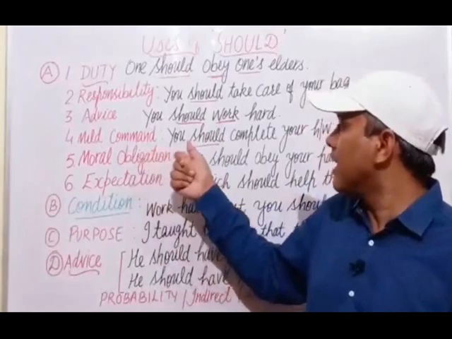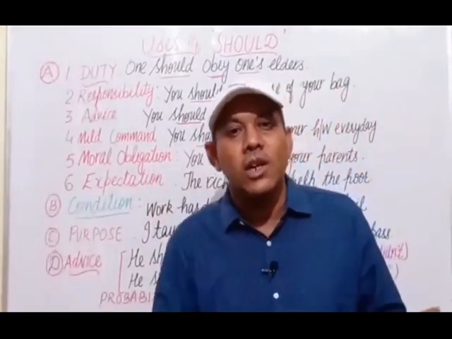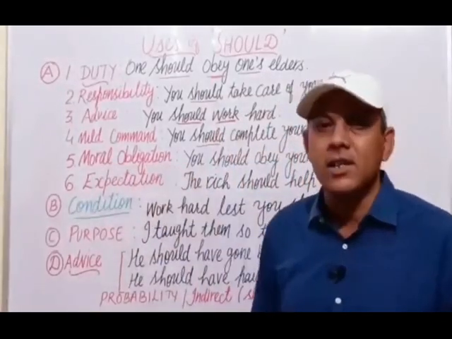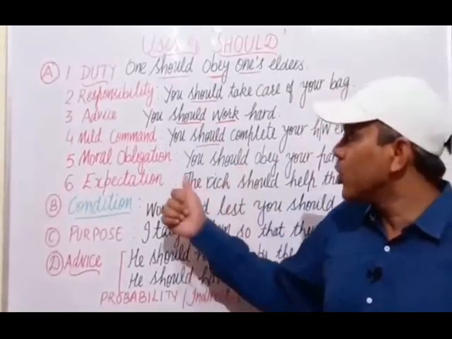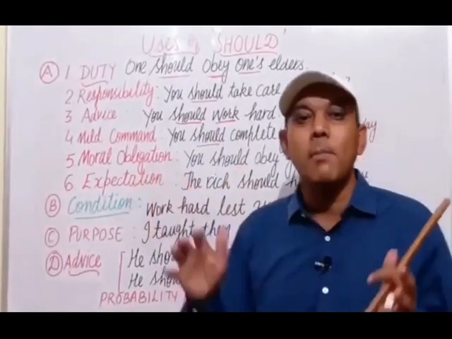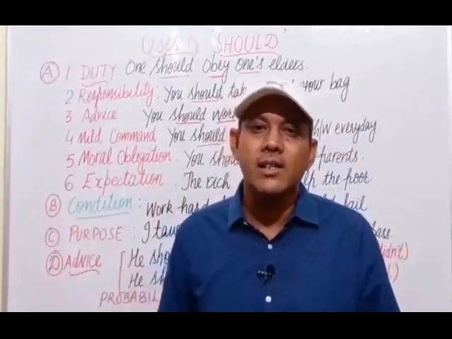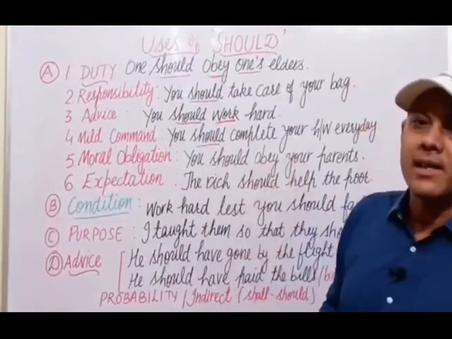It's a mild command. You should complete your homework every day. It's your duty. Next is moral obligation. Where do we use should? We use should to express the moral obligation of someone in a sentence. For example, you should obey your parents.